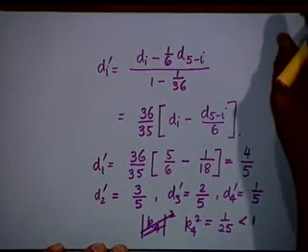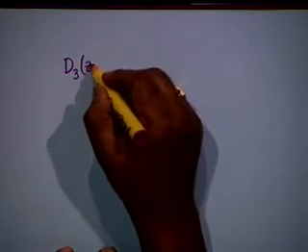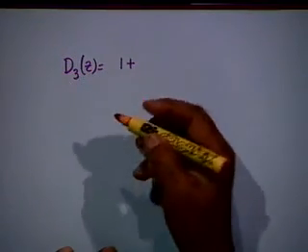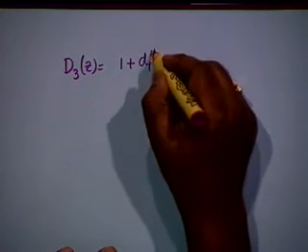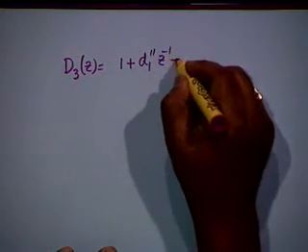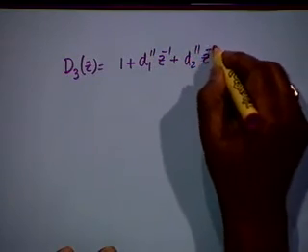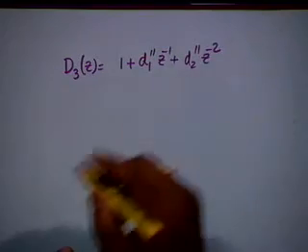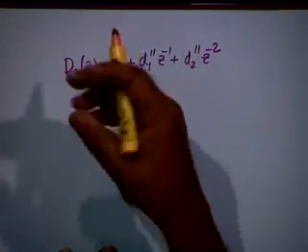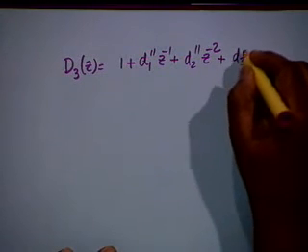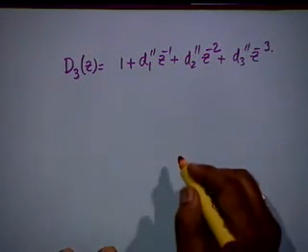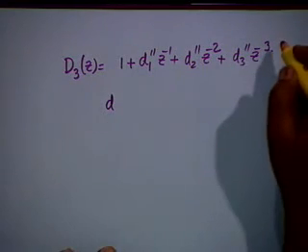Okay. So we are encouraged to go to the next step, that is, you have to compute A3. Now you don't have to go through writing A3, or it's better, write D3 of z as equal to 1 plus, now I am running out of symbols, so I shall use a double prime, d1 double prime z inverse plus d2 double prime z to the minus 2. You can ignore capital A3, you are only concerned with the denominators, because the numerator you can construct, plus d3 double prime z to the minus 3.